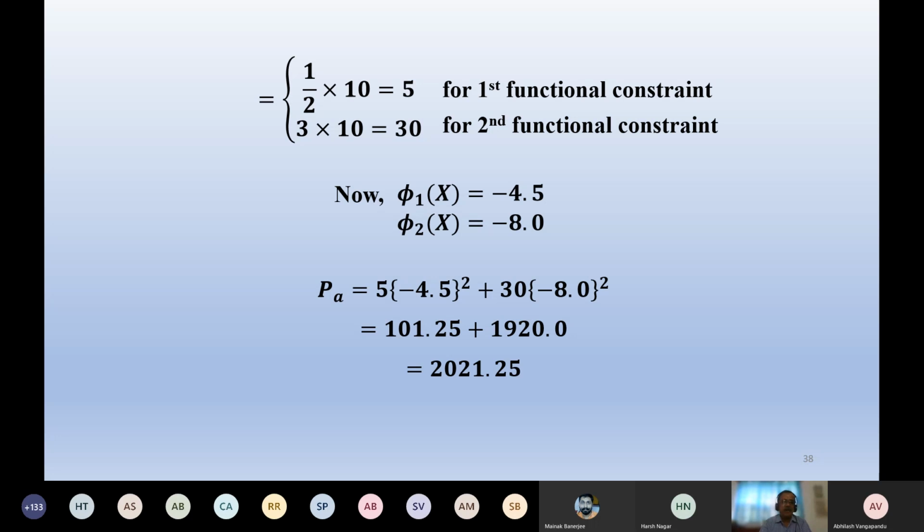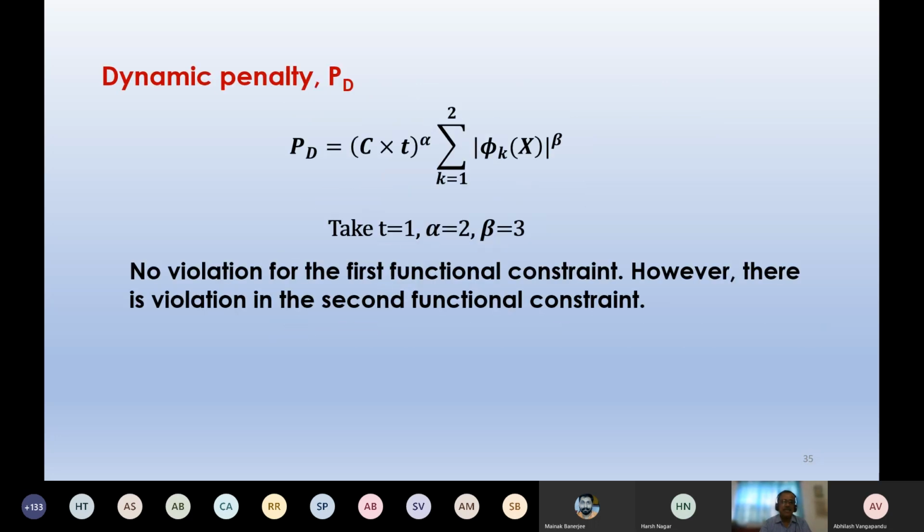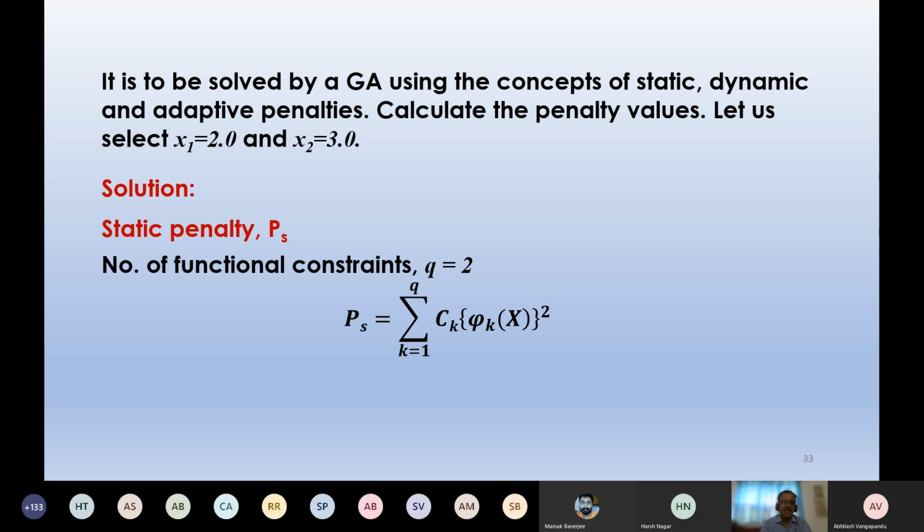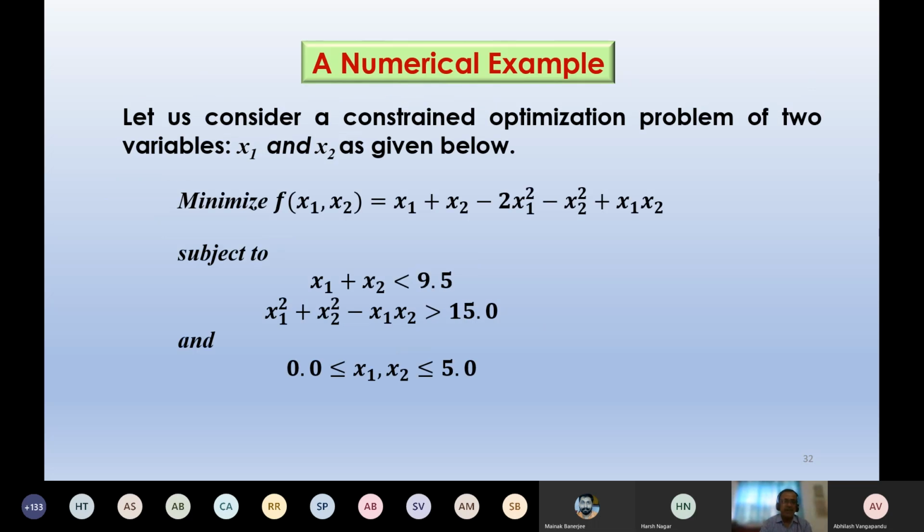If you remember the mathematical expression of the functional constraint, not the violation, but you can find out the deviation between the left hand side and the right hand side. And according to this adaptive penalty, although there is no violation for the first functional constraint, there is a deviation between the left hand side and the right hand side.